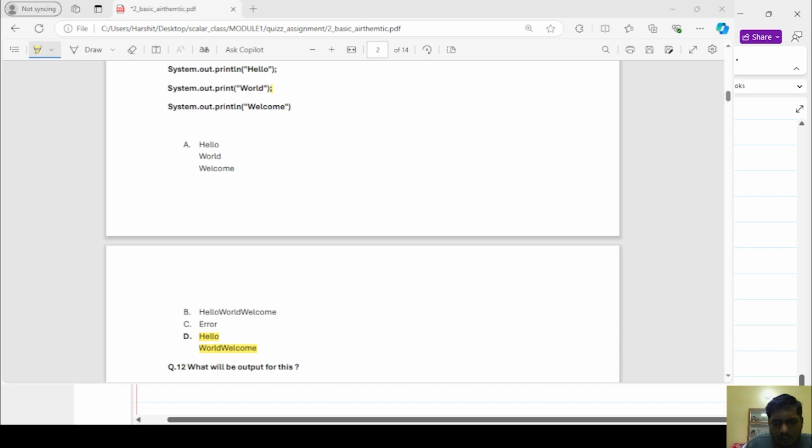So whatever the operands are, the operator is applied on the operands. For example, if you're talking about 2 plus 5, then 2 and 5 are the operands, and the operator is addition. So the operator operates on the operands.